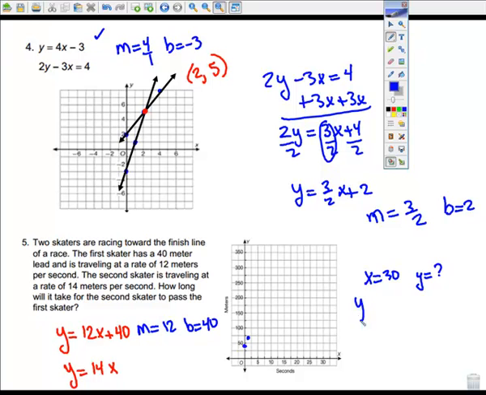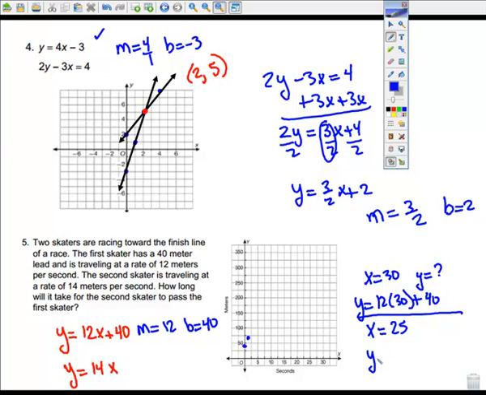So if x is 30, I have y equals 12 times 30 plus 40, and we'll see what that gives us. So 12 times 30 is 360 plus 40 is 400, which of course I don't have the line for 400. So let's try x equals 25 then.